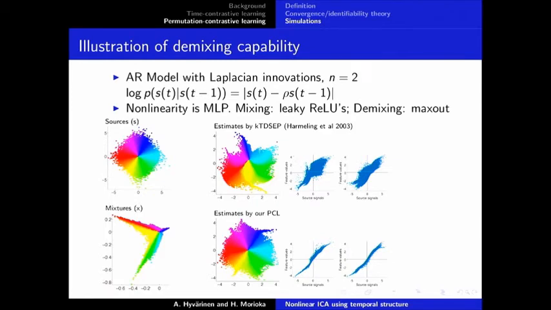I think you would agree probably that it's a reasonably good estimate of the original distributions here. While here we have the result from the method by Harmeling and others, which really doesn't work that well. If you look at the colors, they are all in a little bit wrong places. So the yellow is here while it should actually be here, and so on.